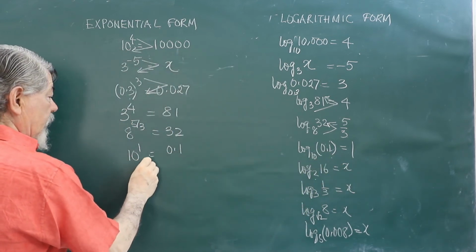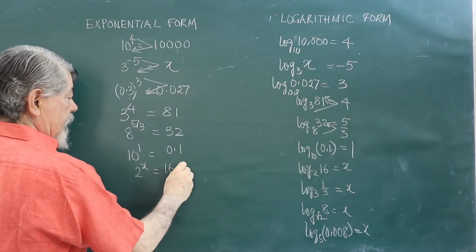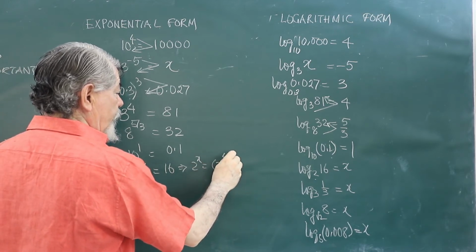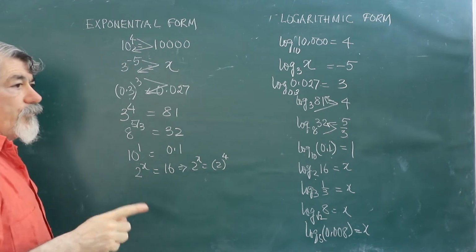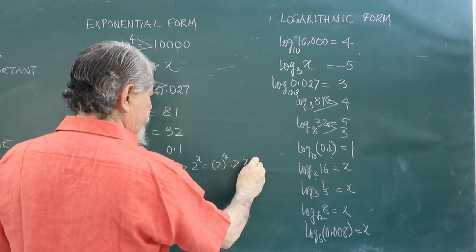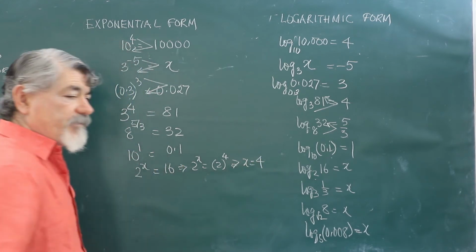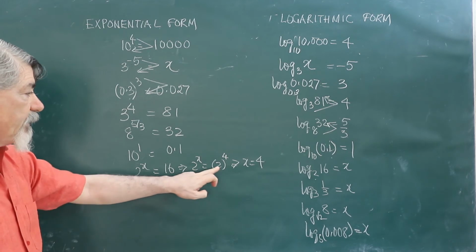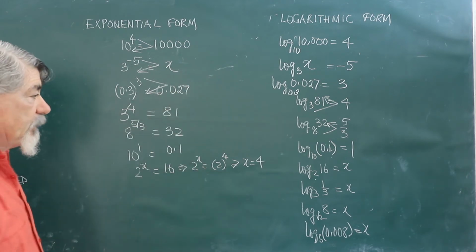2 to the power x is 16. That means 2 to the power x is 2 to the power 4. 2 2s are 4, 2 4s are 8, 2 8s are 16. So x is how much? 4. If bases are same, powers are equated. Because base is 2 here, base is 2, powers can be equated.